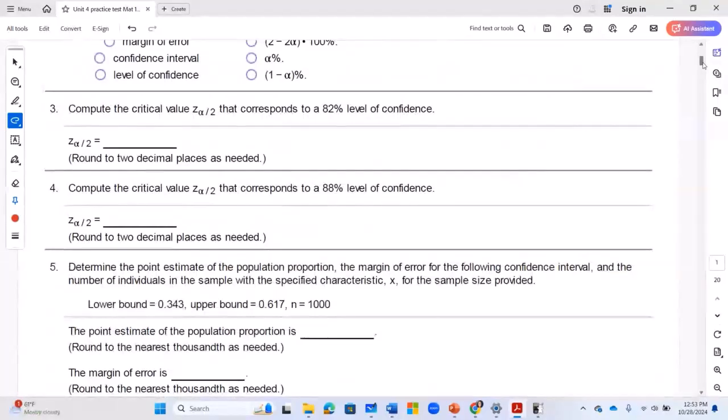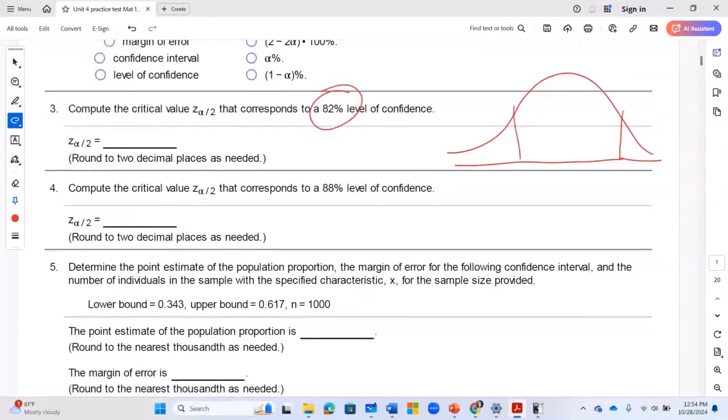Anytime I'm told to compute the critical value, I will have to draw a normal curve, and then they will give you a percentage that corresponds to an 82% level of confidence. So 82% is in the middle, 0.82.